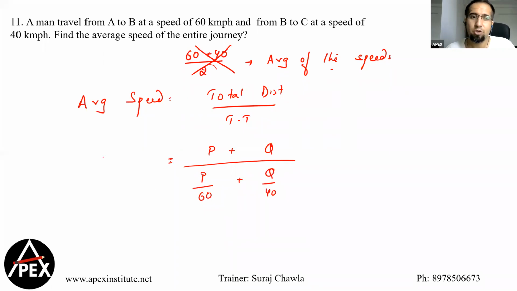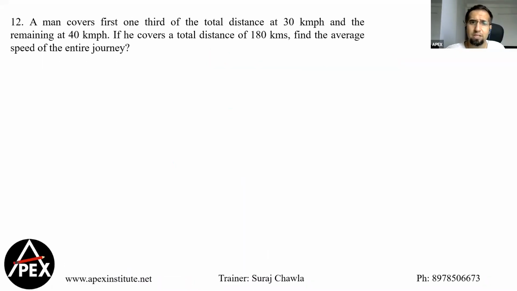So this becomes your average speed. Now, since I do not know any of these values, with one equation and two variables we will have infinite answers, and therefore your answer becomes cannot be determined. Clear, guys? So let's move into the next level of questions and start understanding how we calculate average speed. Can you take a minute and solve this, please?